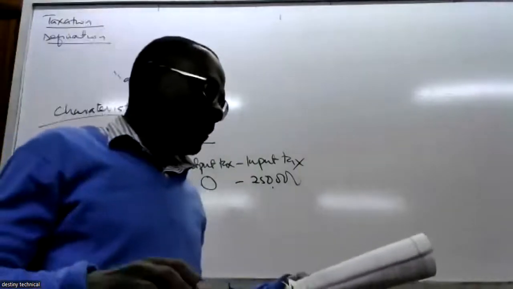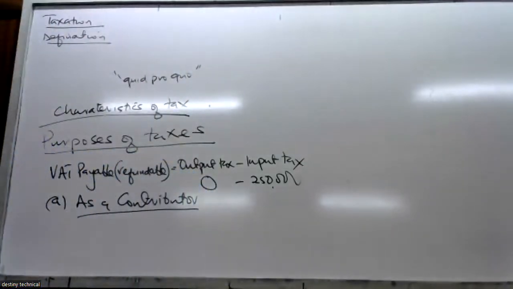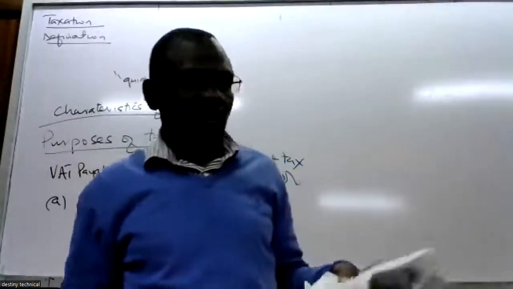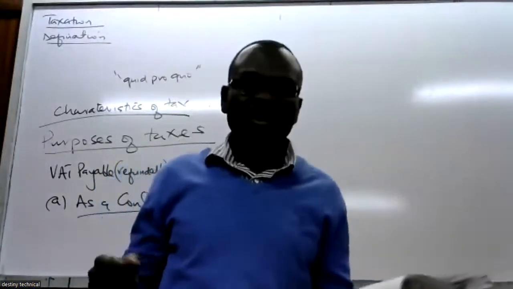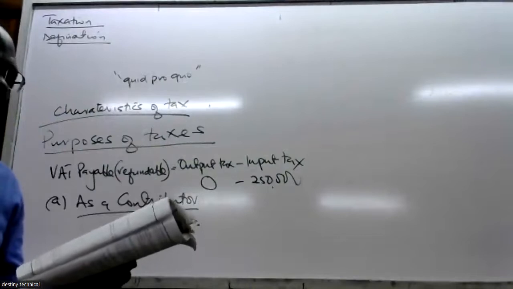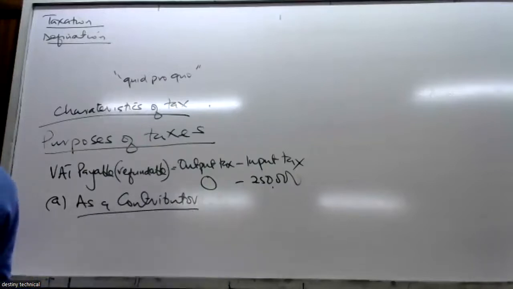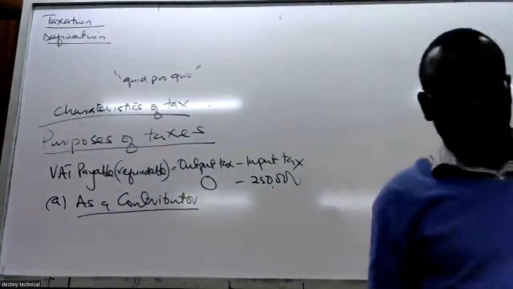However, where pension is received in periodic amounts, the first 25,000 shillings per month, or in bracket 300,000 shillings per annum, is exempted from taxation.